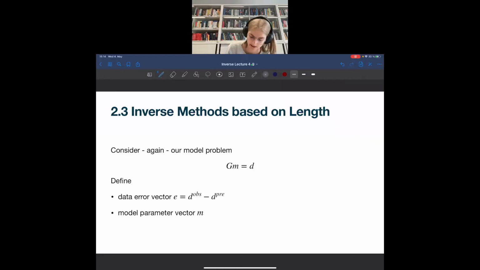So in here, this "obs" means observed, and this "pre" means predicted. So we have observed data on the one hand, and we have predicted data on the other hand, for example predicted by a model or whatever.